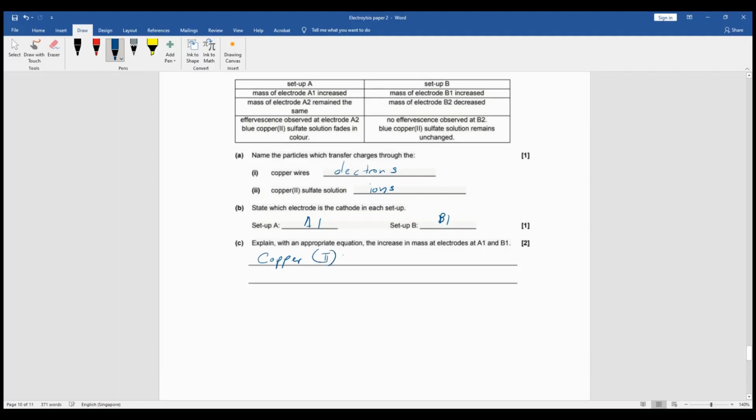Copper 2 ions gain electrons and thus become copper. So you just write the equation Cu2+ plus 2e- gives Cu.